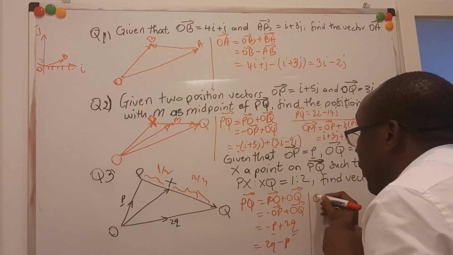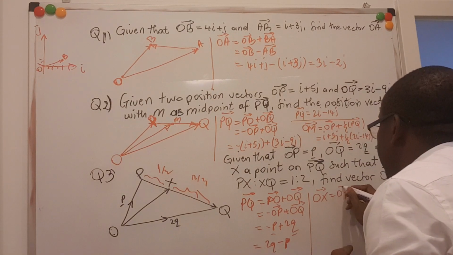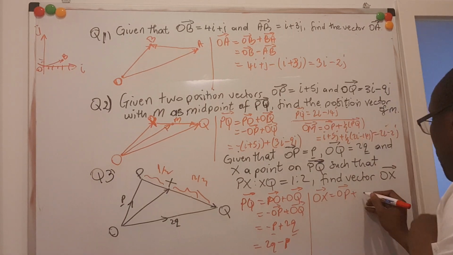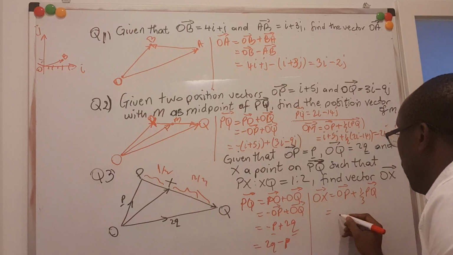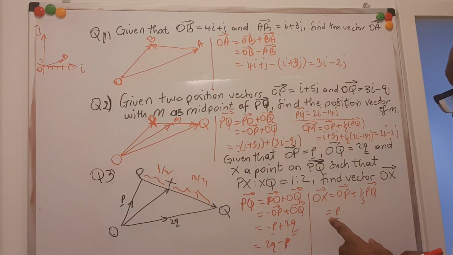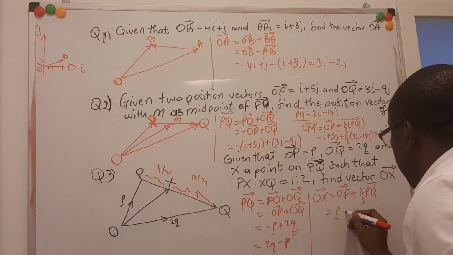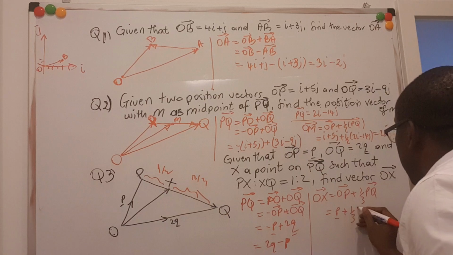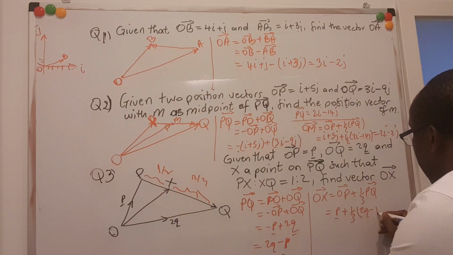So OX is equal to OP plus 1/3 PQ. OP is p, plus 1/3 into PQ, which is 2q minus p.